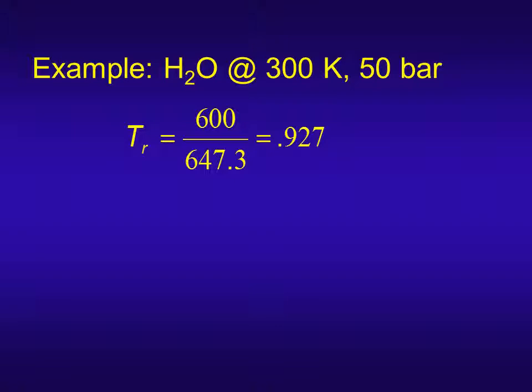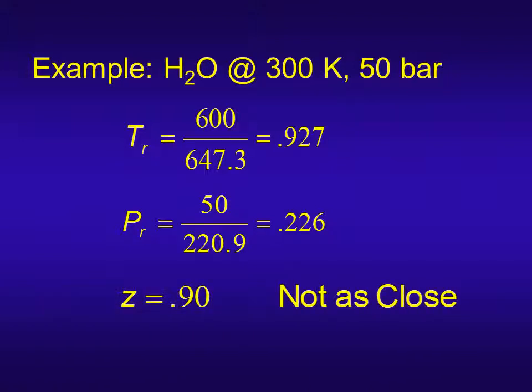for nitrogen. We would expect it to be close to an ideal gas, but as we find, the reduced temperature is only 0.927 because you've got this very high critical temperature for water. So the reduced pressure is 0.226 for water, and when we calculate Z, it's 0.90, which is only 90% of being an ideal gas, compared to nitrogen, even at half the temperature, which was 98%.